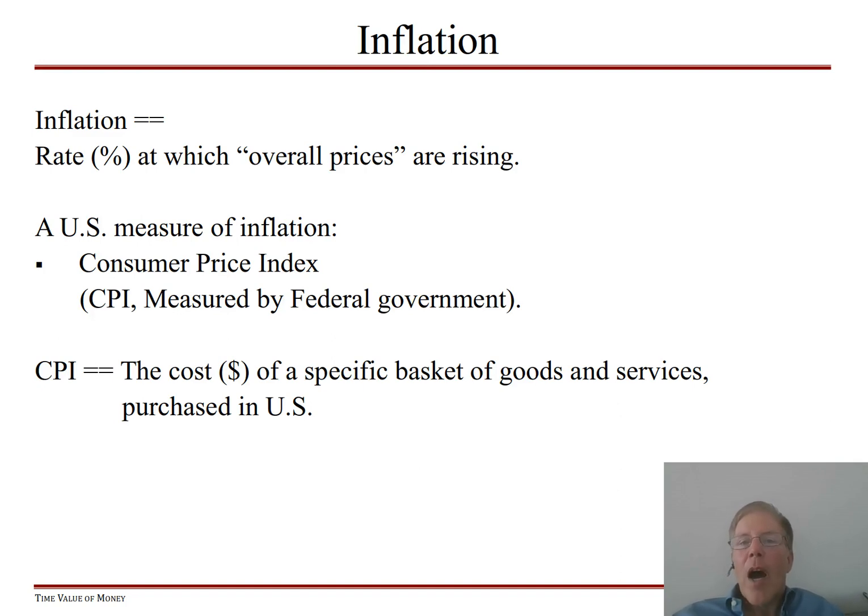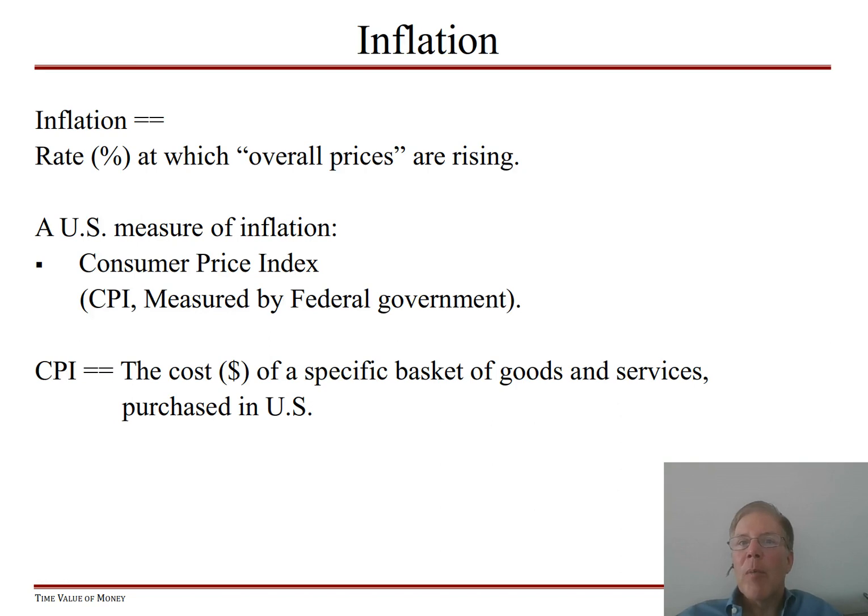The next thing we need to spend a little bit of time on as a review is inflation and real and nominal interest rates. Let's start with inflation, and hopefully this is a little bit of review. Inflation is defined to be the rate at which overall prices are rising. It's usually reported in percent.